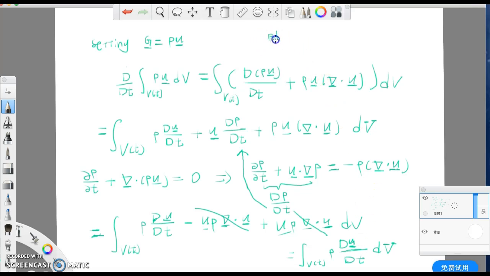So that arrives at the same result as my previous argument, which is that rho dV is equal to dm and is constant with time. So these two things come to the same conclusion.